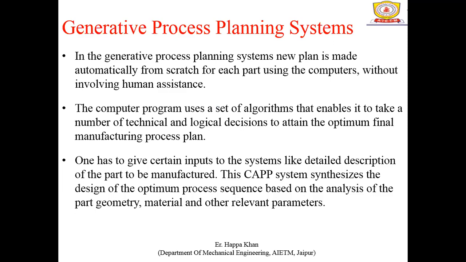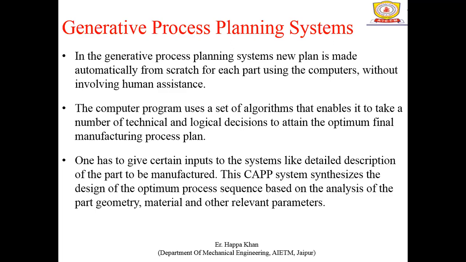Simply you have to give details of the part to the system. So the process plan is generated from scratch by the computer without involving a human assistant. That is the main difference between variant process planning and generative process planning.